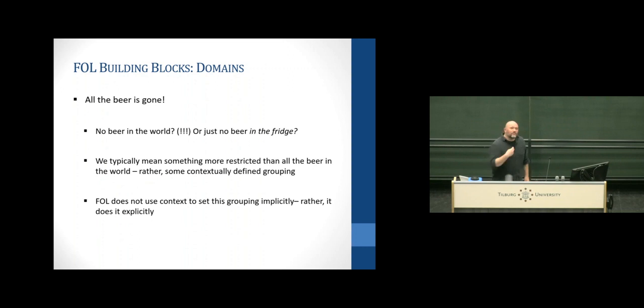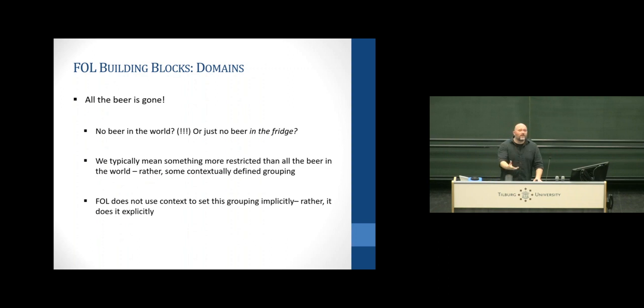It's a jokey version. But again, when we hear things like, all the beer's gone, everyone is left, right? These kinds of claims, we implicitly hear them as restricted. When Alf opened the fridge and said, all the beer's gone, he implicitly means in the fridge. And in English, when we say these kinds of expressions, we typically allow for what restrictions we're talking about to just go implicit.